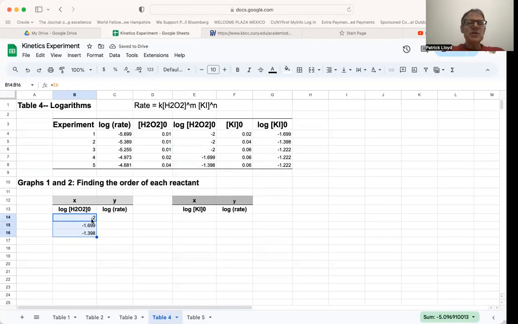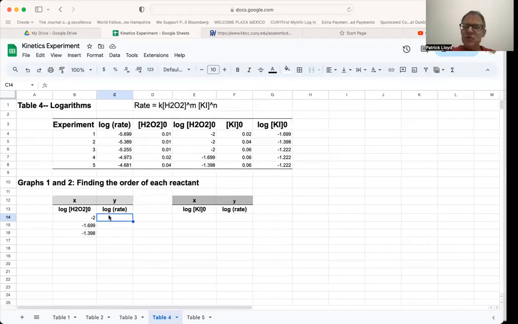The reason I put the equal sign and then clicked on the cell is that if I made a mistake somewhere along the line and changed a number, it will automatically change all those numbers all the way up to here. But if I just type in or copy and paste that over, it won't change in the future. So same thing, log of the rate. I'm going to pick the rate that corresponds to these 3.